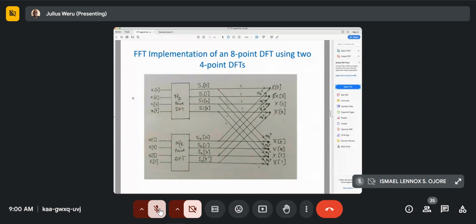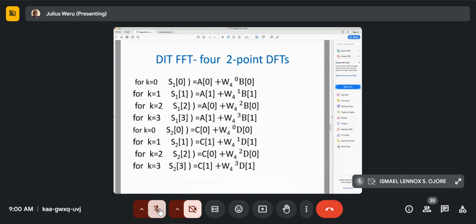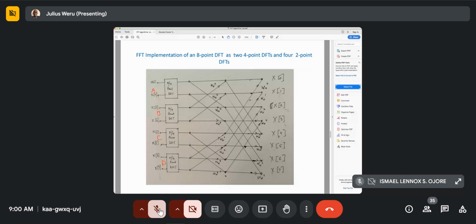But the first position, which is 0, 0, 1, if you reverse that becomes 1, 0, 0. So it means this first position would have the fourth sample. But that does not come out here. That would come out after we do the next decimation.